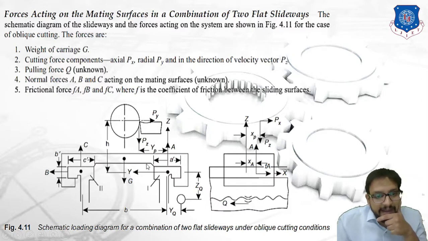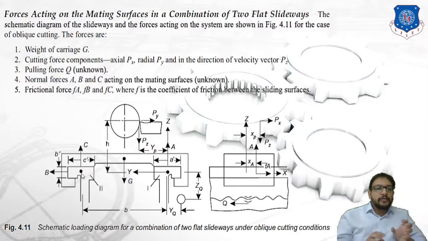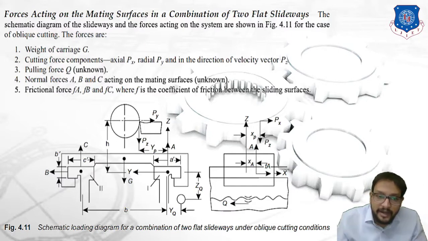Now if you see the diagram carefully, you can clearly see there are two flat slideways. One rail is on this side and the second rail on this side. On each rail there are two flat slideways. You can see the entire flat surface is there. So this represents the first and this represents the second flat slideway, a combination of two flat slideways over here.